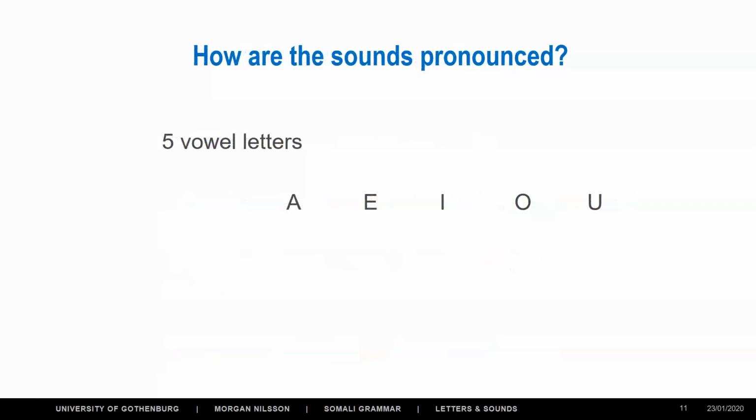So, how are the sounds pronounced in Somali? There are 5 letters representing vowels. These are very basic vowels, and they occur in several other languages as the 5 vowels of those languages, like Spanish, Serbo-Croatian, and many other languages.